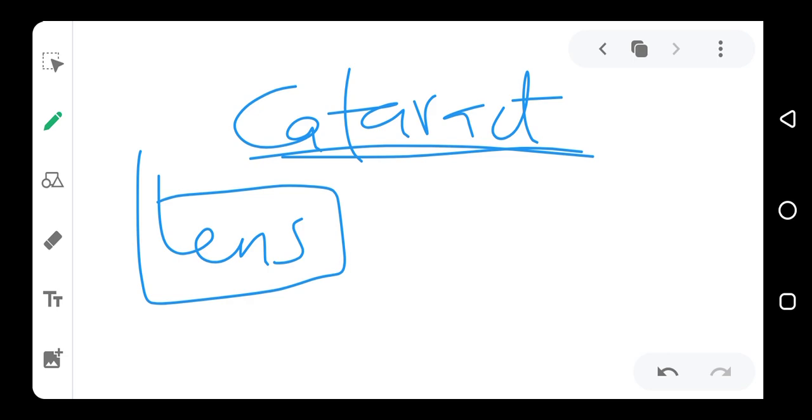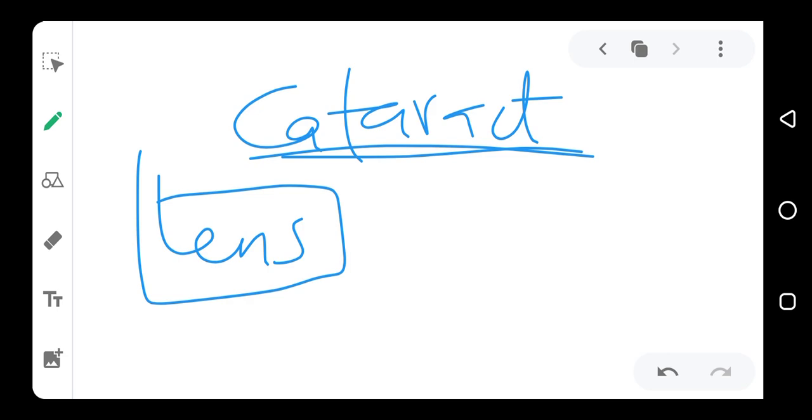Cataract can be treated by surgery to remove the whitish substance in the lens, or through other special medical treatments.